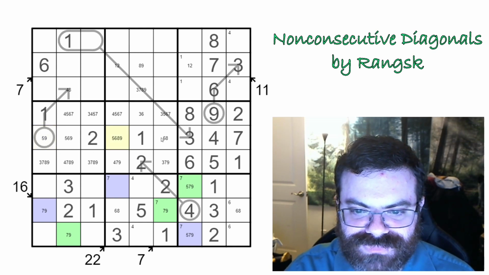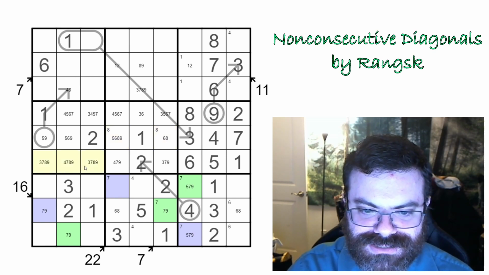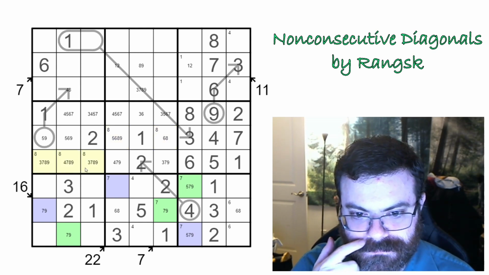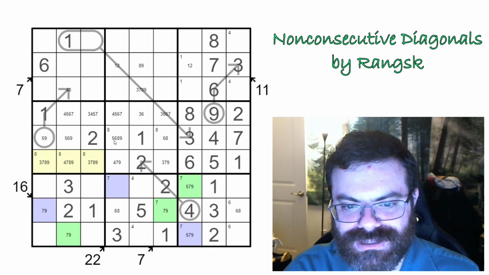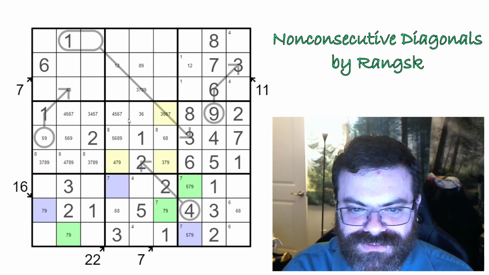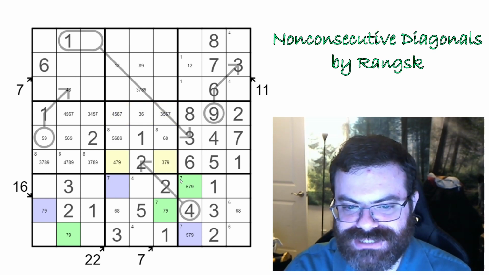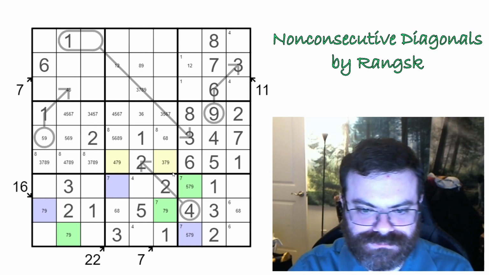But now 8 in this row is limited to these 2. So with an 8 limited to these 2, and we might as well mark 8 is limited to these 3 in this box, that means that 8 can't be anywhere else in the box. So that's, I mean, obviously it couldn't already be here, but that's what eliminates 8s from these 2 squares.